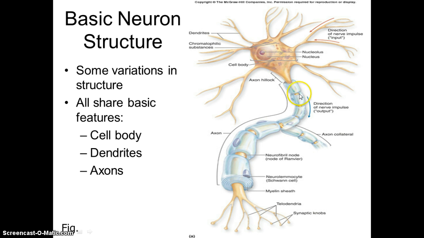And here we're looking at a neuron that's myelinated, so we'll review myelination here. And then the terminal ends of the axons are referred to as axon terminals or telodendria, with those synaptic knobs, which is where a synapse is going to occur, meaning that the impulse transmits from these synaptic knobs to the next cell in line. So we'll be talking more about that today.